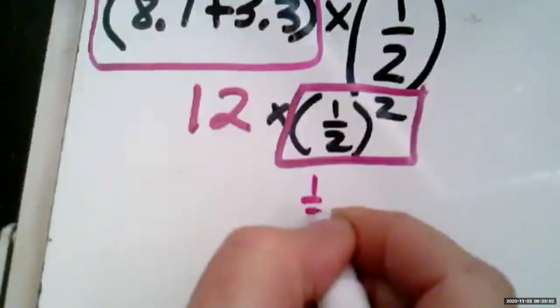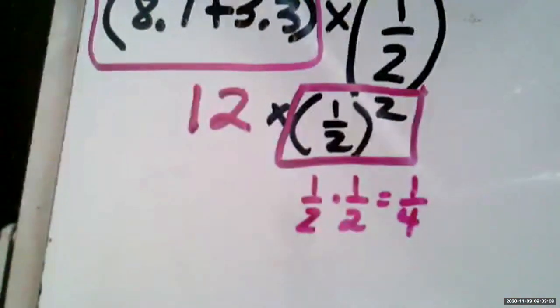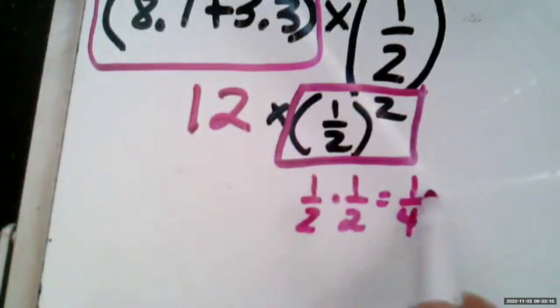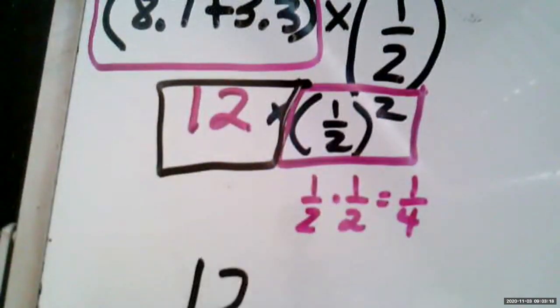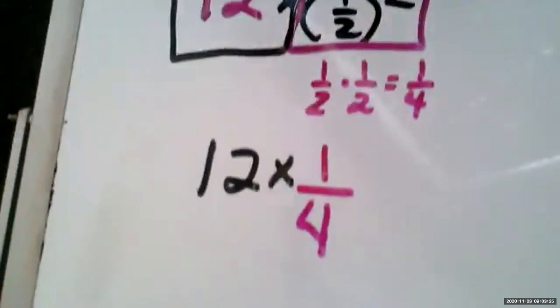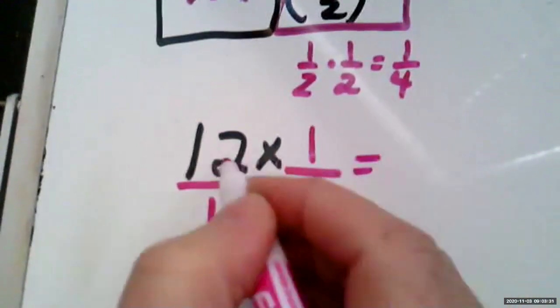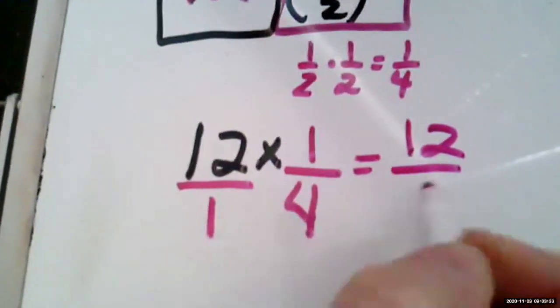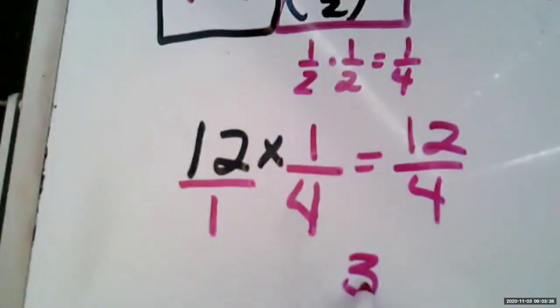So you have to take 1/2 times 1/2, which equals 1/4. 1 times 1 is 1, 2 times 2 is 4. So if you bring down this 12 times the 1/4, 12 is the same thing as saying 12 over 1. So 12 times 1 is 12, and 1 times 4 is 4. 12 divided by 4 is 3.